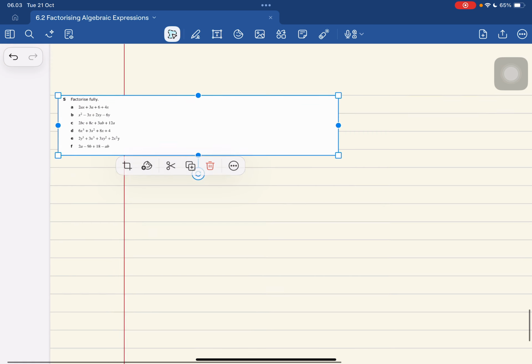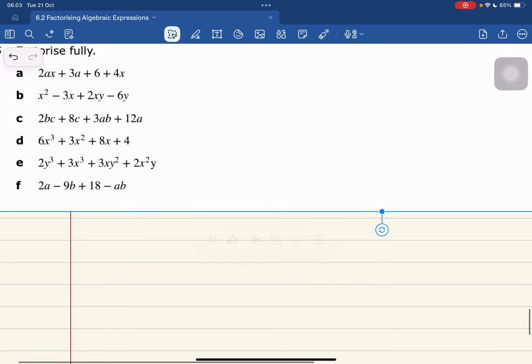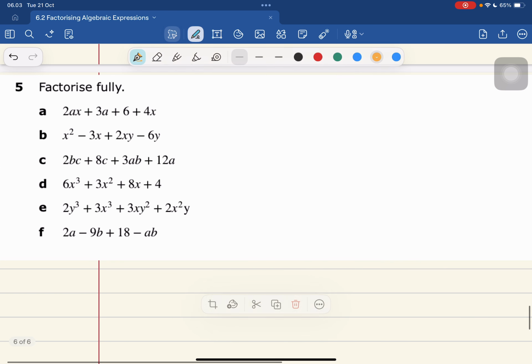Okay, this is the last question, number 5. Let's make it bigger. Okay, 2ax plus 3a plus 6x plus 9. So we can factorize it from here.